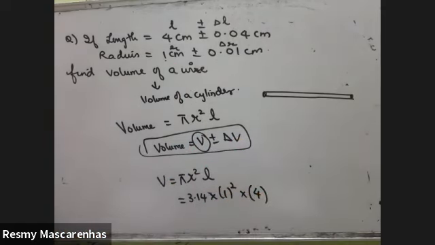What answer are you getting? Multiply and tell. 1 square will be anyway 1. So multiply 3.14 into 4. Tell me the answer. 12.56. Yes.